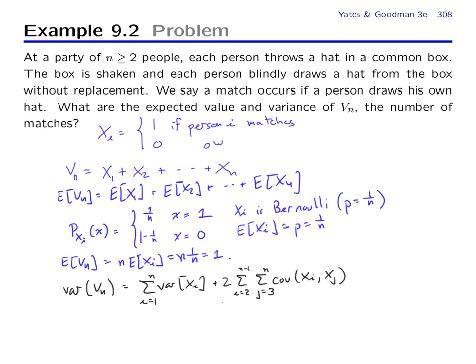To make the rest of this calculation simpler, we want to use the symmetry in the problem. And the symmetry says that all the xi's are Bernoulli p, so all of the variances are the same.